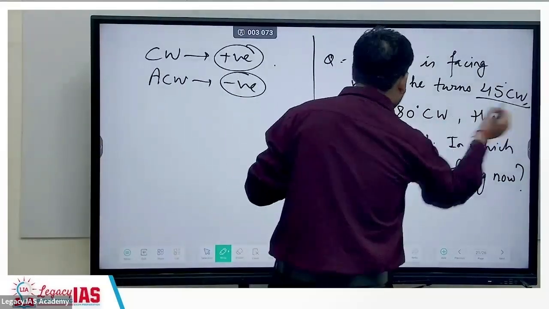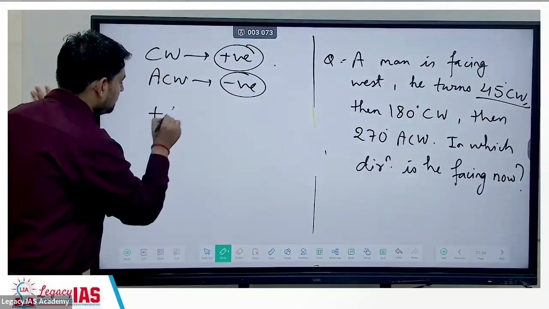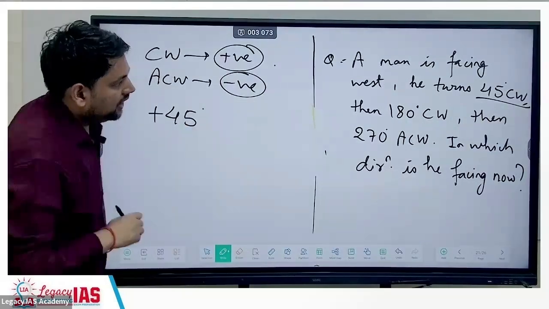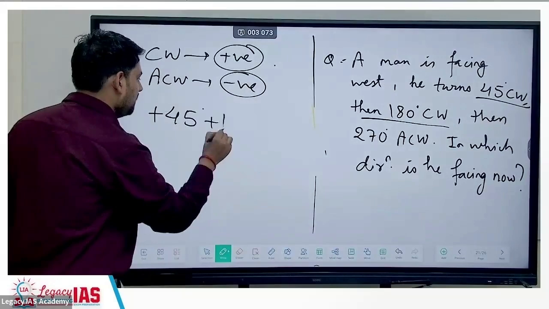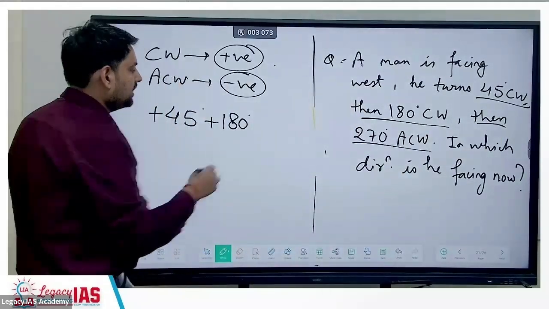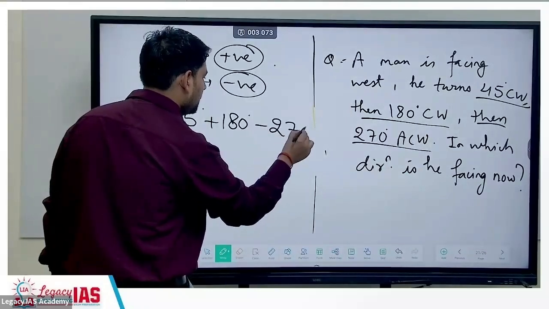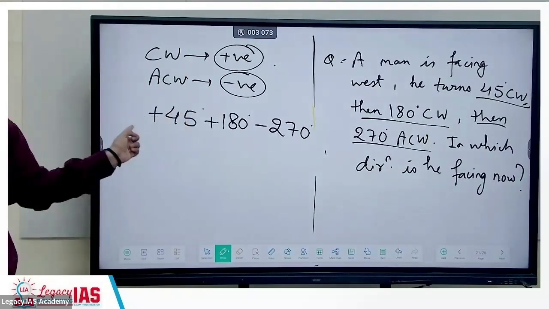He turns 45 degree clockwise. Clockwise, how will we write? Positive. So we write plus 45 degree. Then 180 degree clockwise, plus 180 degree. Then 270 degree anti-clockwise, so minus 270 degree, because it was anti-clockwise. Anti-clockwise is negative.